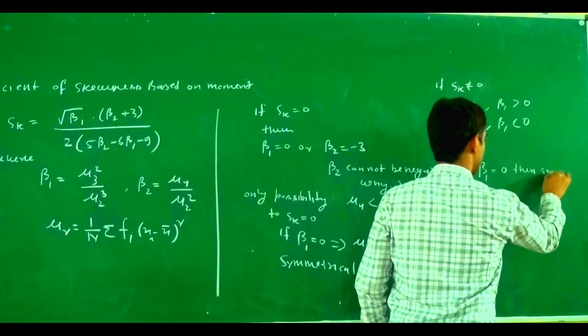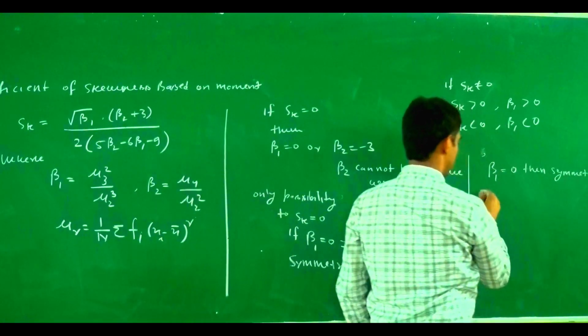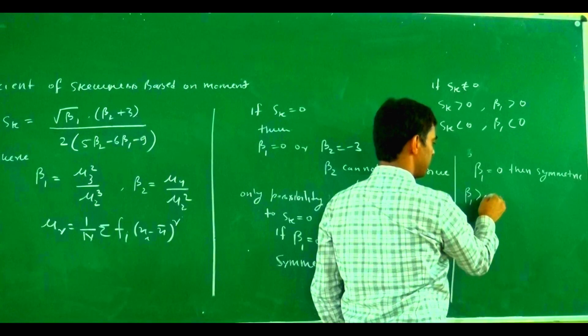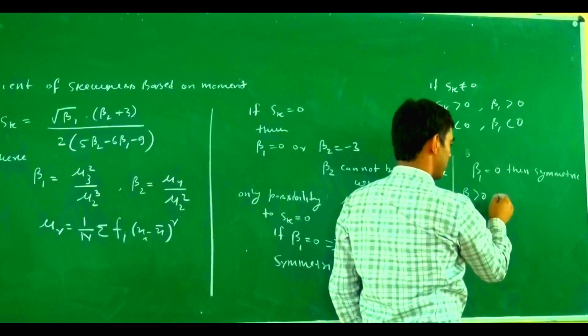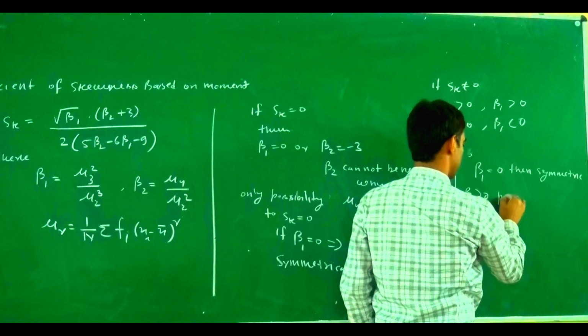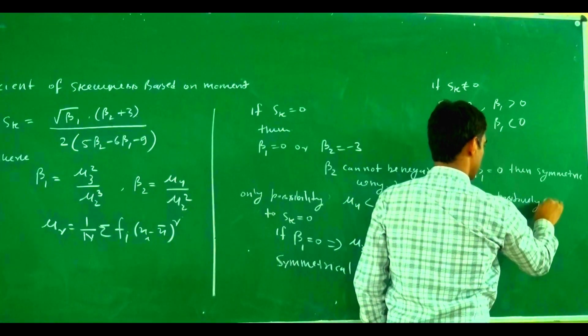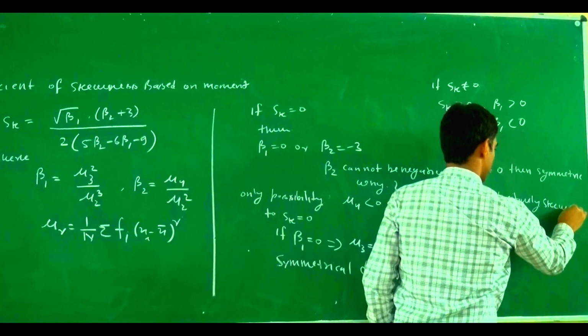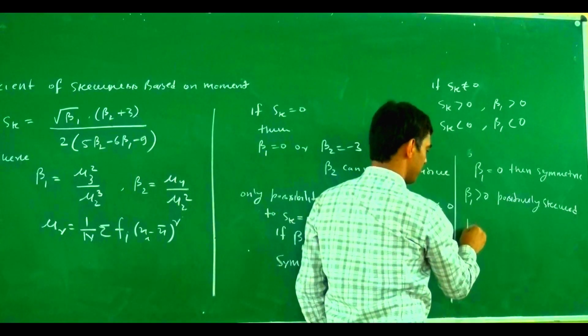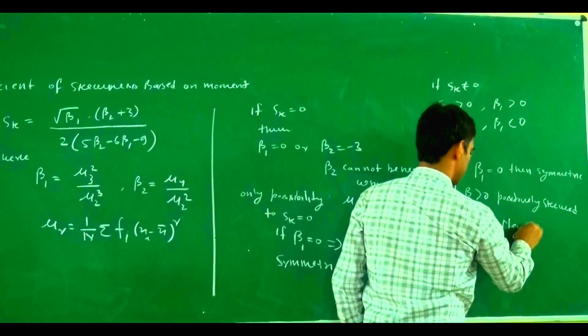And if beta 1 is greater than 0, then the curve is a positively skewed curve. And if beta 1 is less than 0, then this one is a negatively skewed curve.